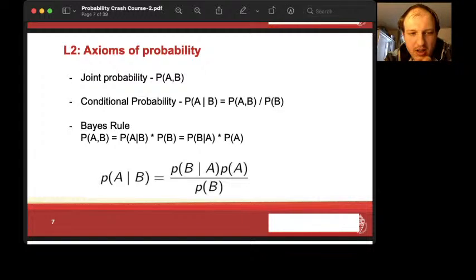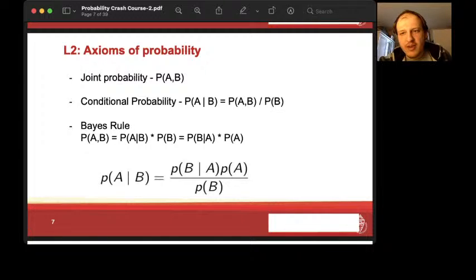It should be the axioms of probability and the general rules that you can use for probability, and very important, the Bayes rule. So before we discussed the probability of single events, and now I can introduce the concept of joint probability.